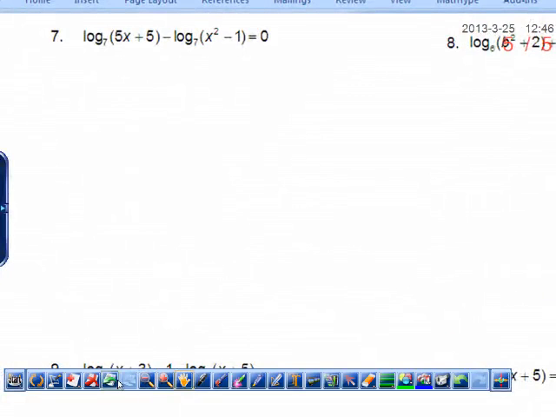All right, let's look at number 7. Log base 7 of 5x plus 5 minus log base 7 of x squared minus 1 is equal to 0. My first step would be to condense the left-hand side.